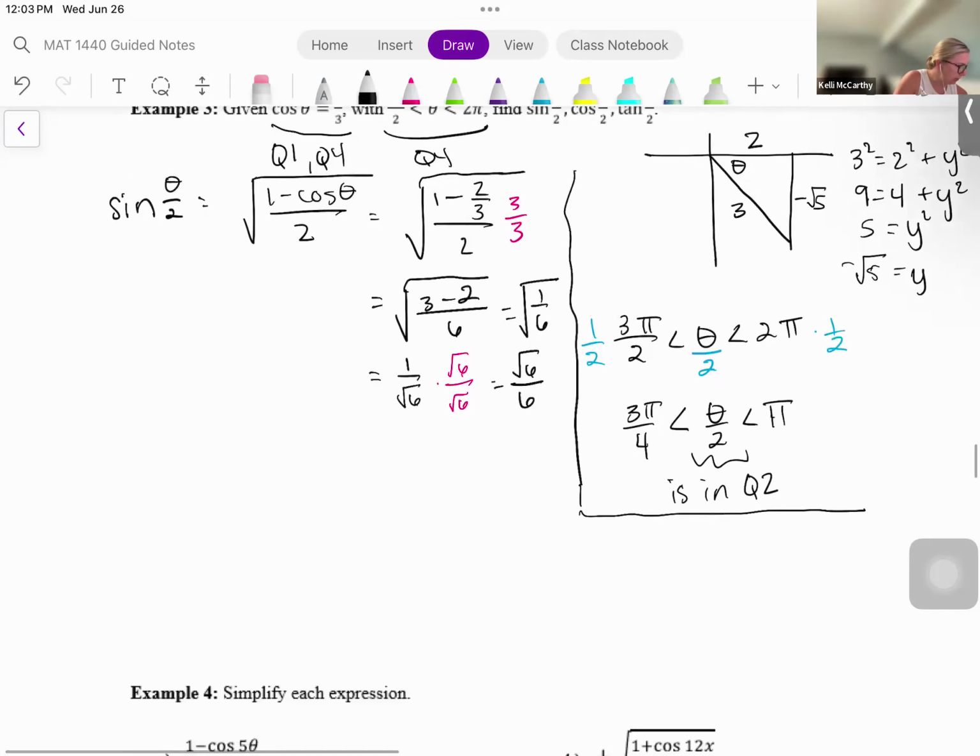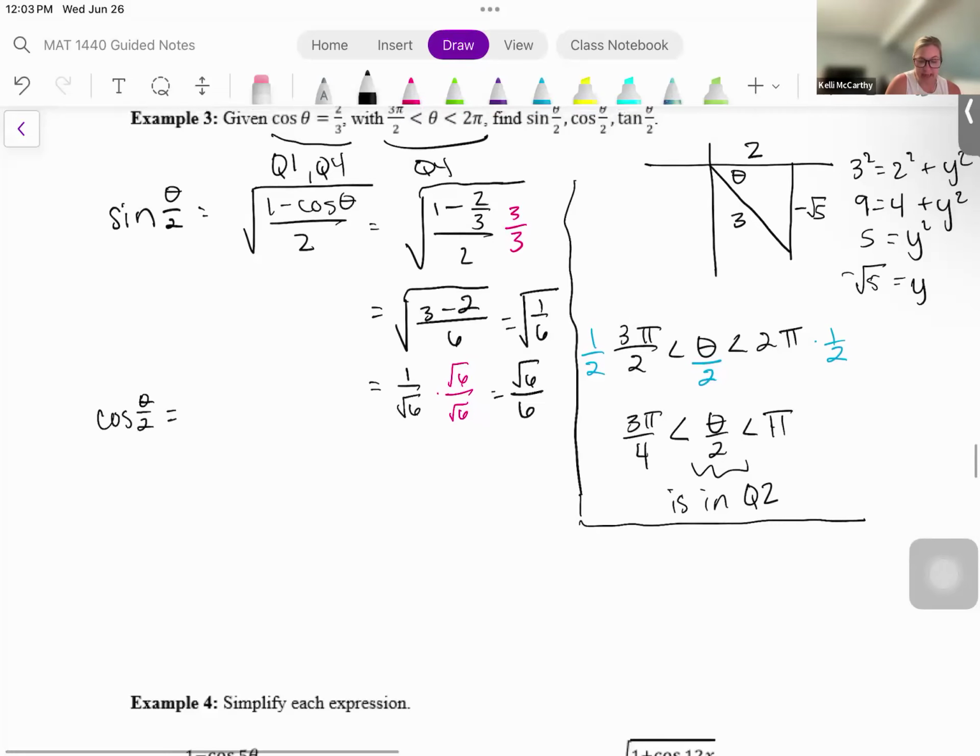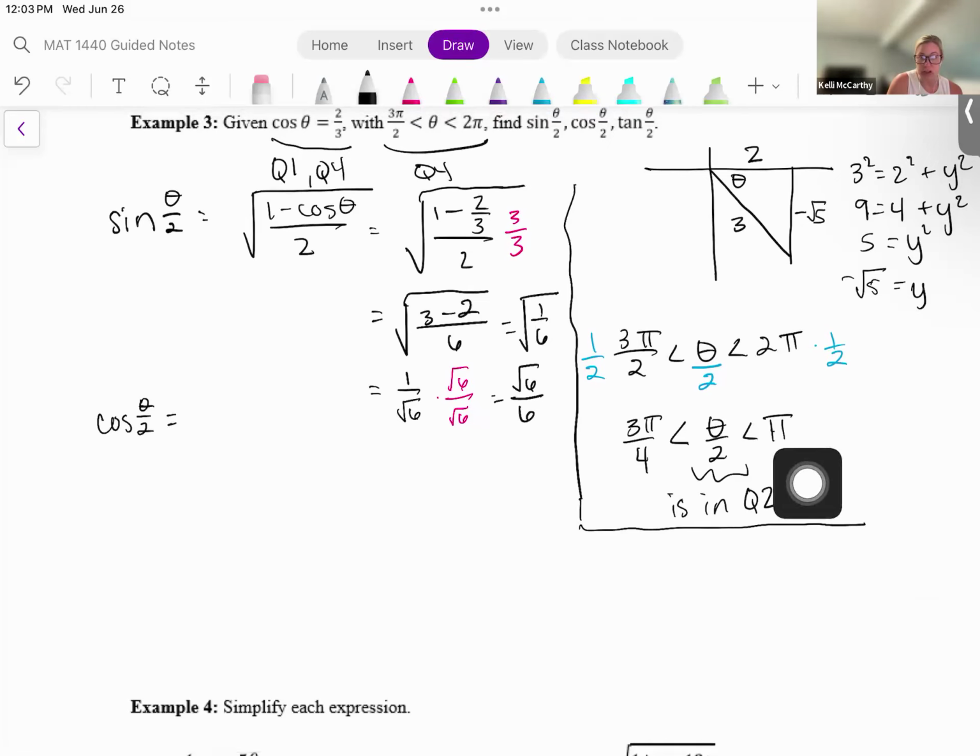All right, let's look at cosine of theta over 2. Since theta over 2 we discovered was in quadrant 2, cosine in quadrant 2 is negative. So this is going to be negative square root of 1 plus cosine theta over 2.